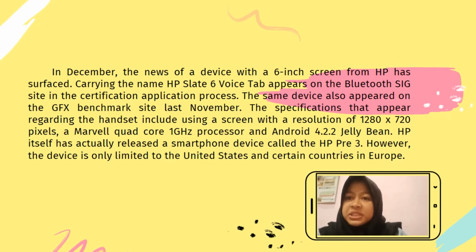The specifications include a screen with a resolution of 1280 by 720 pixels, a Marvell quad-core 1 GHz processor, and Android 4.2.2 Jelly Bean. HP itself has actually released a smartphone called the HP Pre 3. However, the device is only available in the United States and certain countries in Europe.